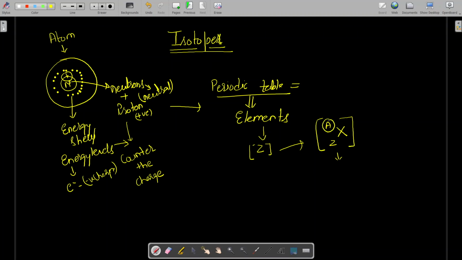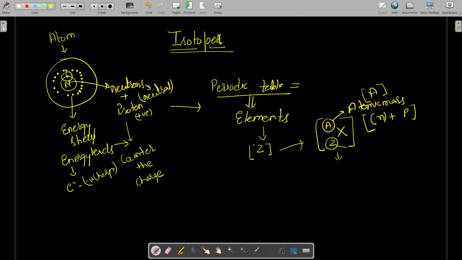A is your atomic mass. What is atomic mass? It is the sum of neutrons plus protons, and it is denoted in the solid bracket as A.